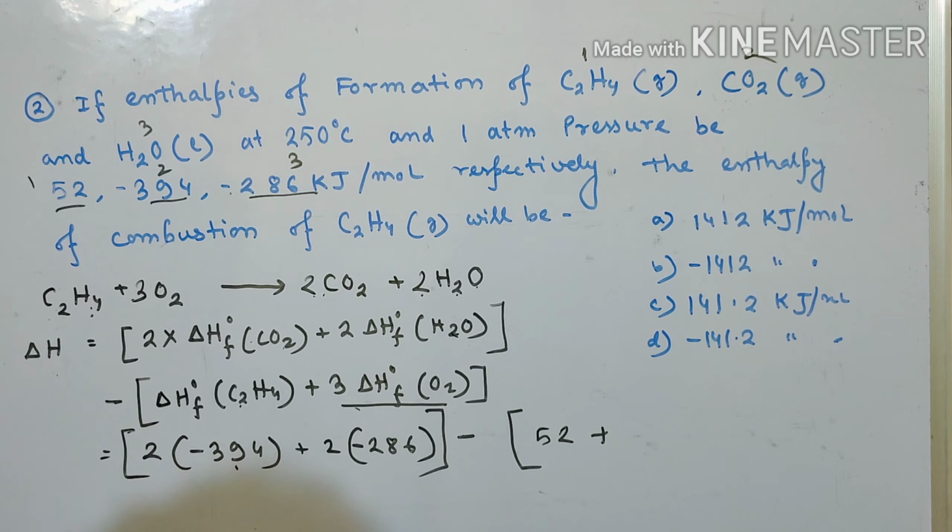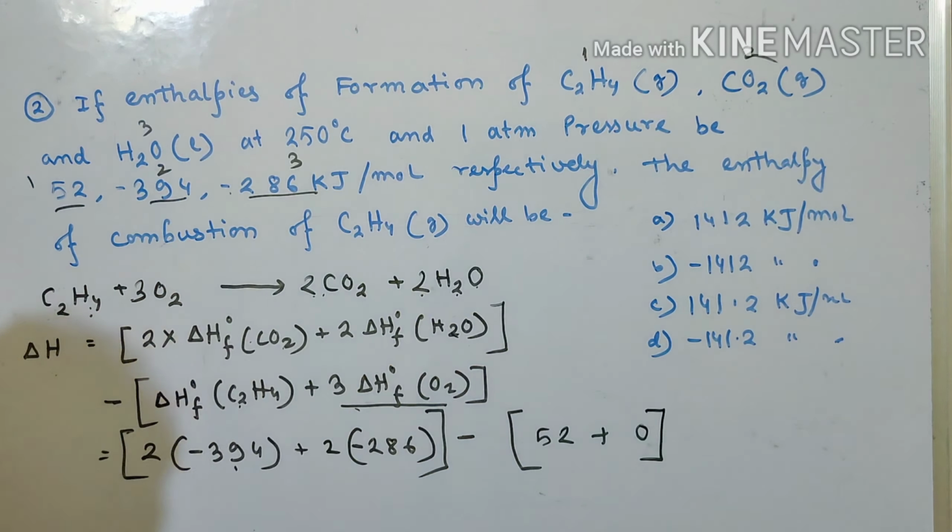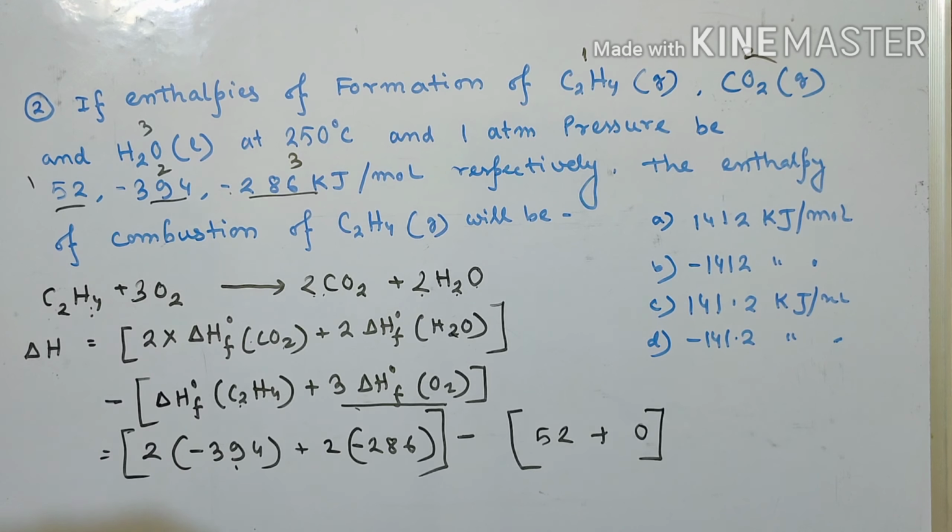In this particular problem, the value for oxygen should be 0, so we put it 0. Now you should calculate. Calculate and tell me how much you are getting. If you calculate this, ultimately we are going to get an answer of minus 1412 kilojoule. So that will be the final answer.